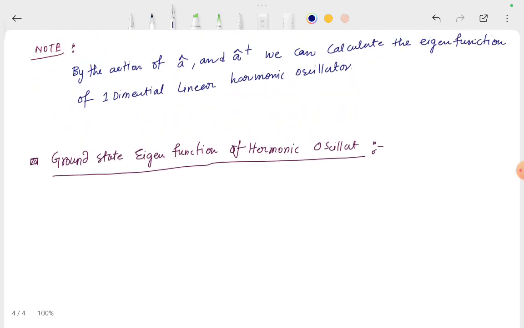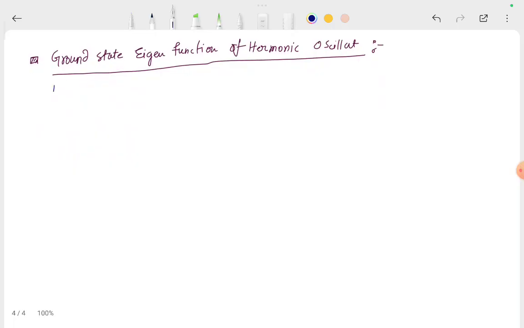So let us take a statement. If we apply lowering operators on ground state, then we get 0. It's true. Okay, because ground state is the lowest state.